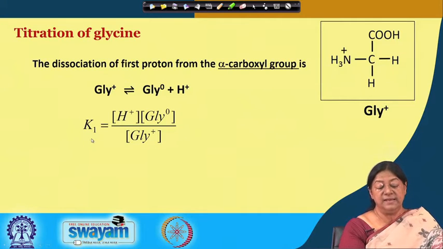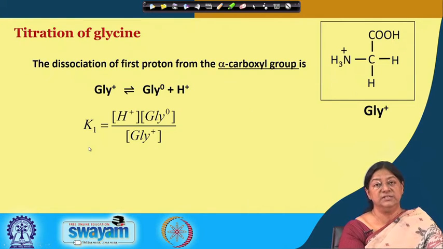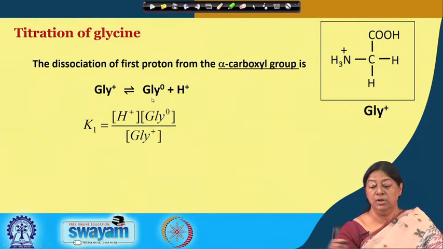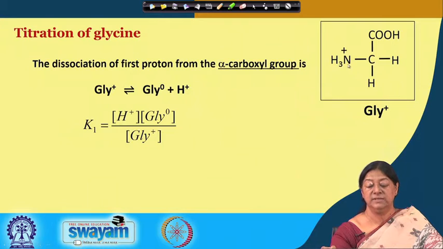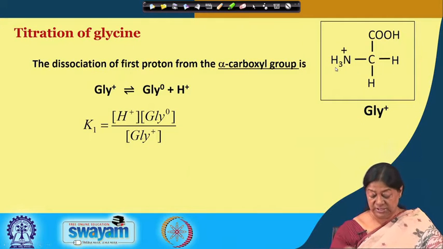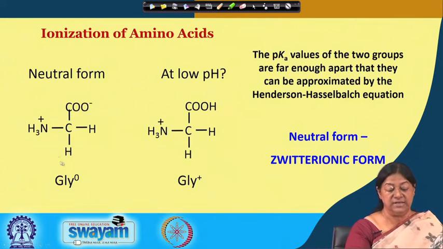If we call the pKa for this K1, the equilibrium would be H plus Gly 0. What do we mean by Gly 0? It is CO minus NH3 plus, just like we had in the previous slide. So, Gly 0 does not have any charge, it is a neutral form.